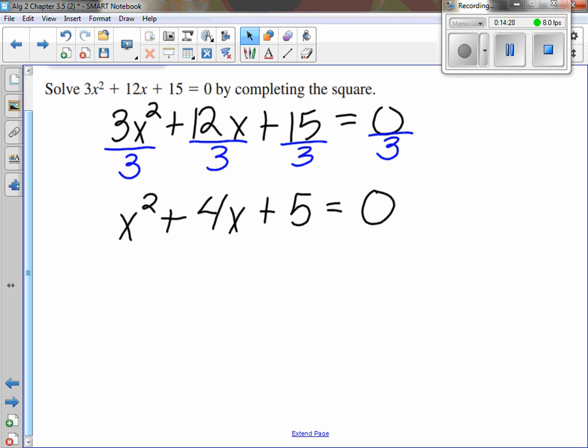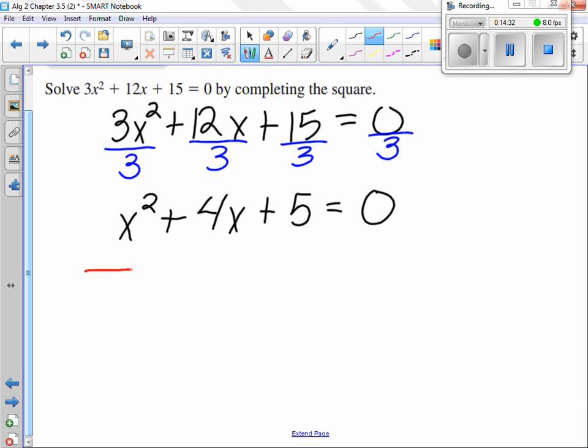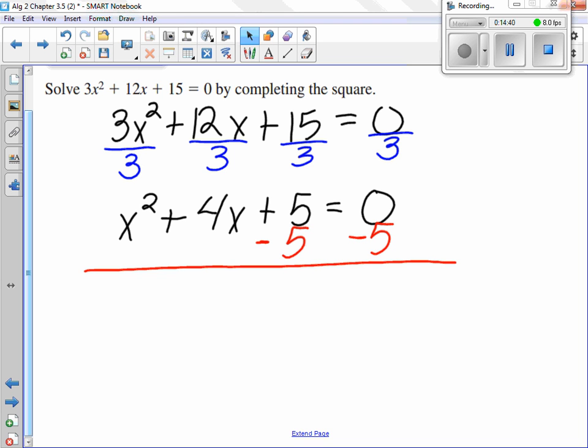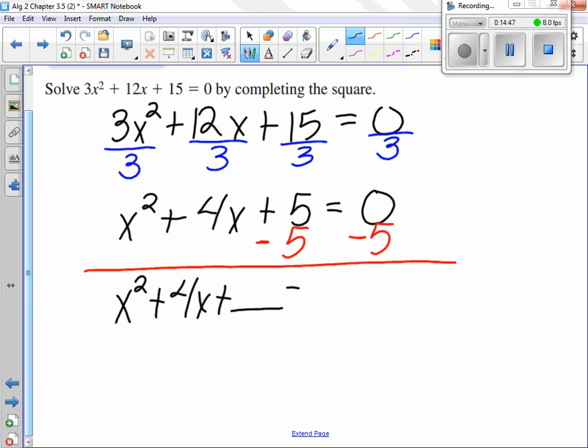Get the constant term by itself and leave 2 spaces. So we're moving the constant term to the other side. So for us, we would be doing what? We're going to subtract 5 from both sides. When we do that, we are left with x squared plus 4x plus a blank equals negative 5 plus a space.